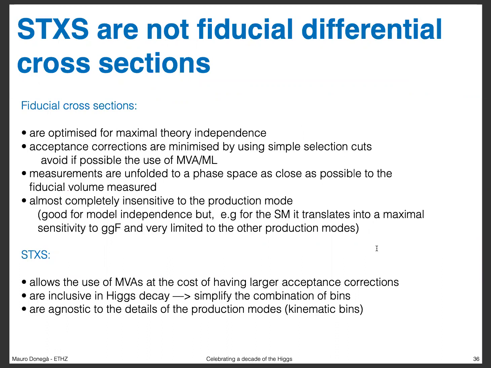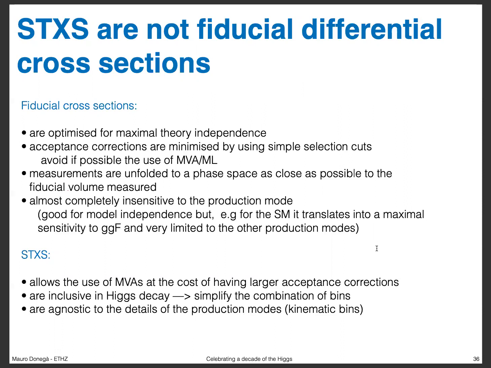This is good for model independence in a way, but when we go to a scheme of production mechanisms like in the standard model, gluon fusion, VH, VBF, and so on, all the plots we will see will be dominated by gluon fusion. Essentially, all the interpretations we do are effectively only sensitive to gluon fusion parameterizations.